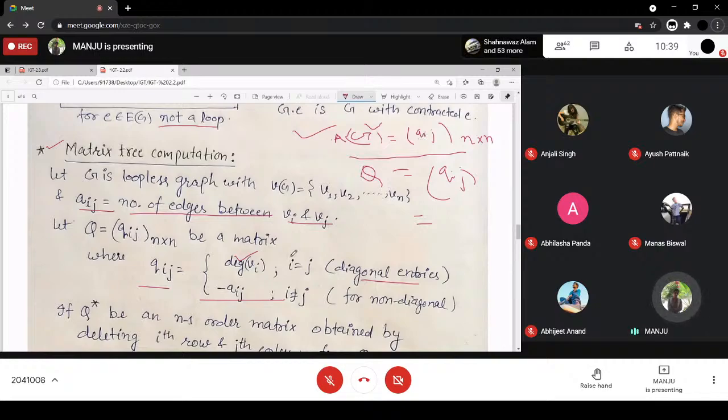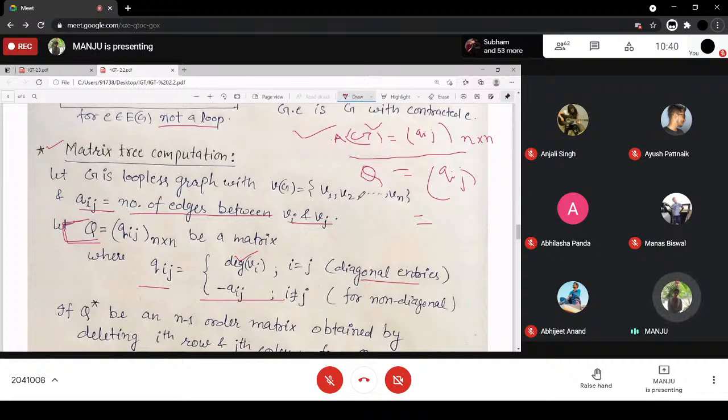That's up to you, because finally you need just Q, and that is based on AG. And AG is the same as we defined in the adjacency matrix. Clear? So we found this Q with Qij. Qij at the diagonal entry is the degree of the ith vertex, and the non-diagonal entry is minus Aij, that is minus the number of edges between the ith and jth vertex.